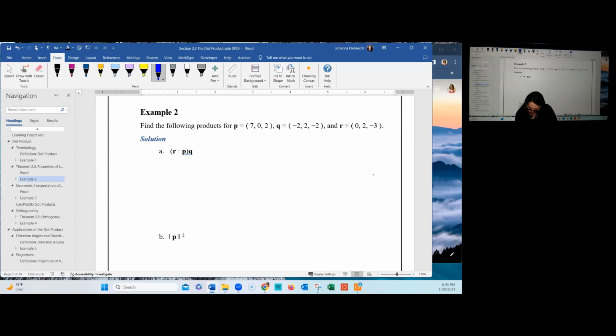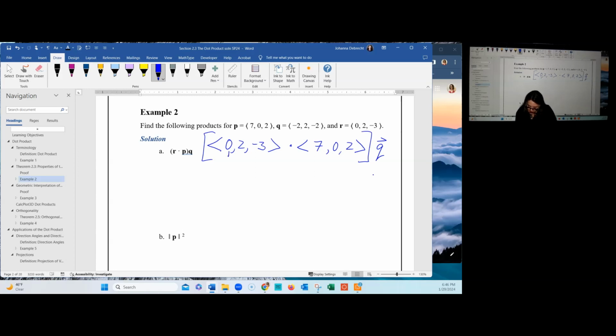So we're going to have r dot p. So we've got 0, 2, -3 dotted with p, which is 7, 0, 2. And when we're done with that, we're going to multiply it by vector q. Notice that I put a harpoon over it because I'm handwriting it. Okay, so the next thing I want to do is take the dot product.